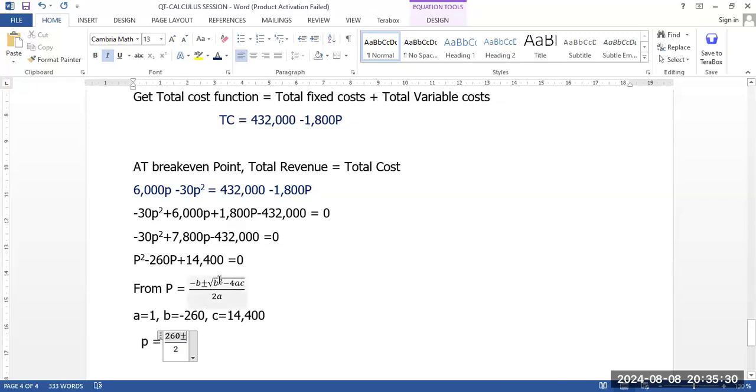B squared is negative 260 squared. Remember, on your calculator, you don't put the negative.